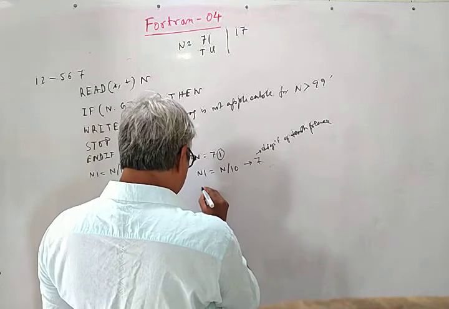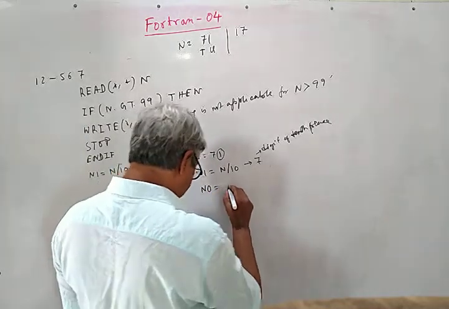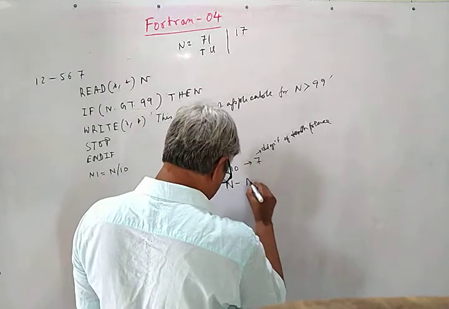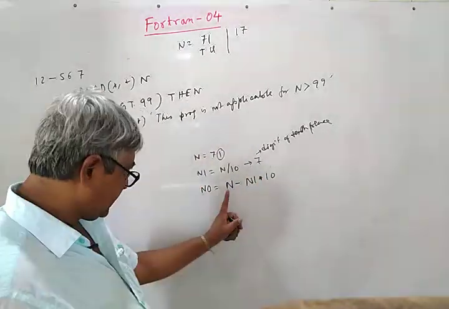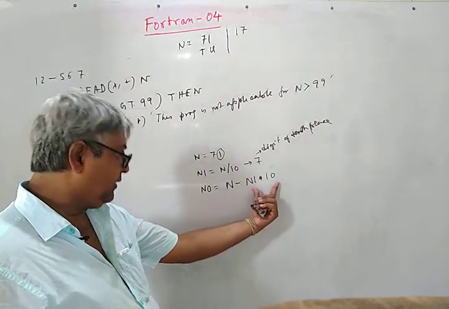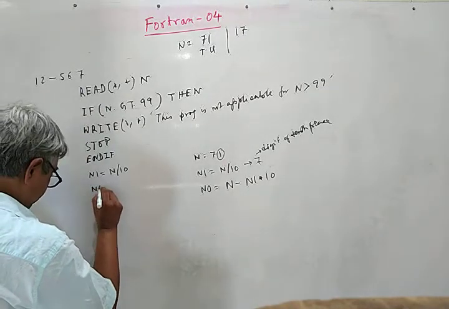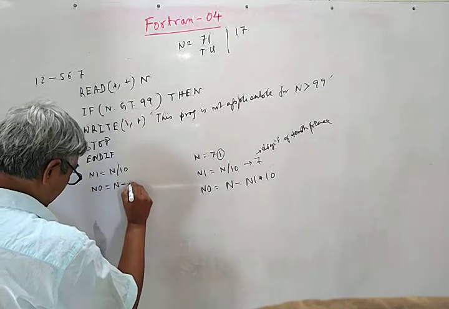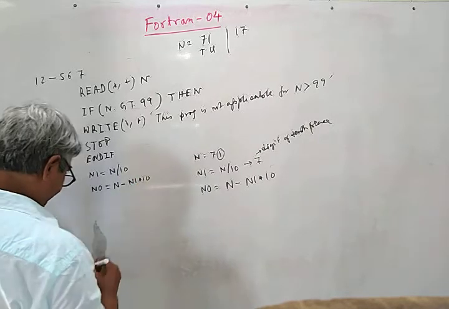One is that if we call it n0, then we can write it as n minus n1 into 10. So n1 is 71 and this one is 7 times 10. So n0 is n minus n1 into 10.